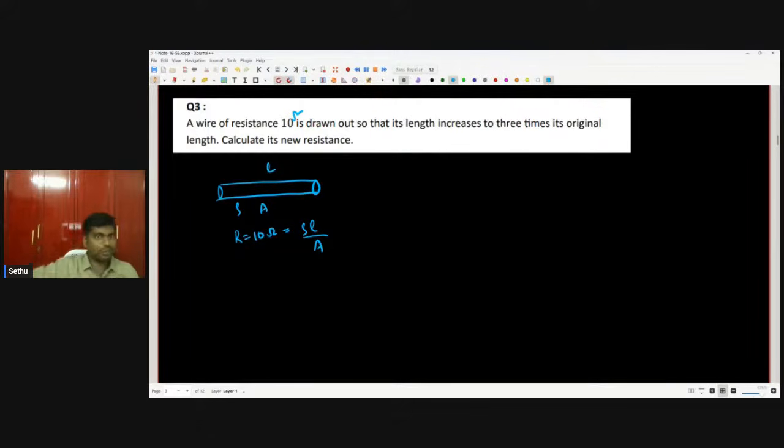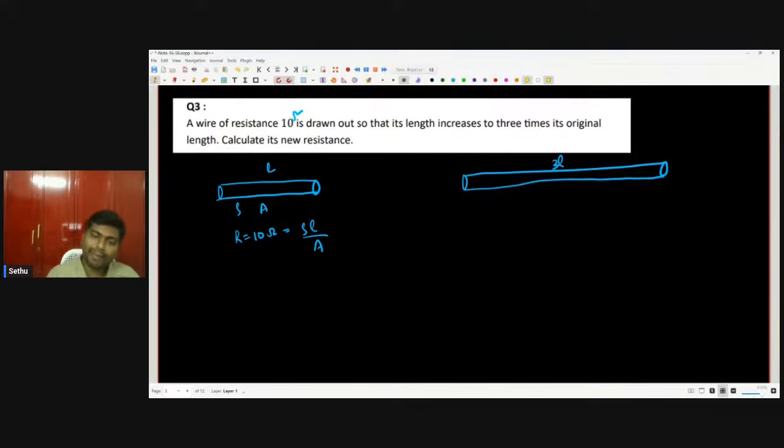Now you're stretching this wire. Drawn out means you're pulling this wire, you're stretching that wire such that the length becomes 3 times its original length. Okay, calculate the new resistance.